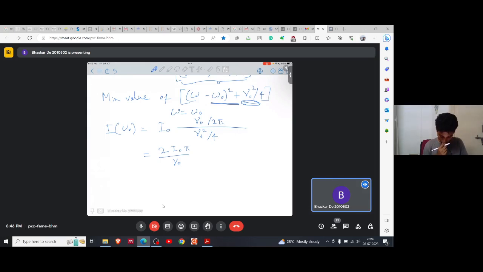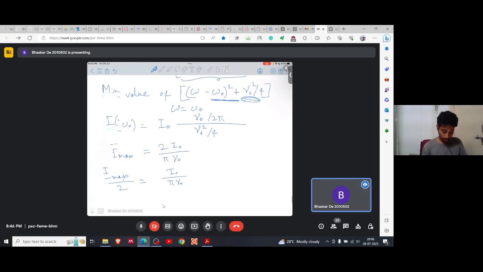Okay, so this one is a mistake, this is pi. So this is the maximum value, this is I max. Now I max by 2 equals I naught by pi gamma naught.